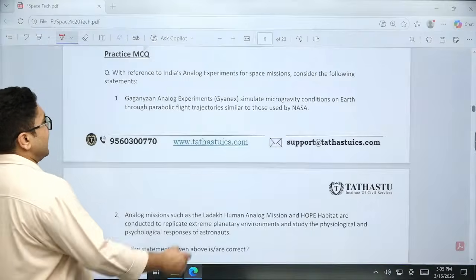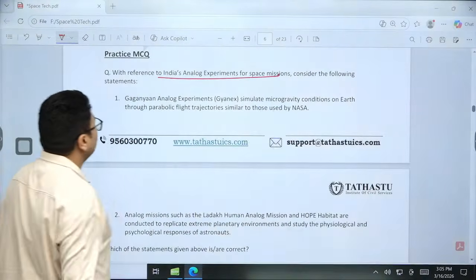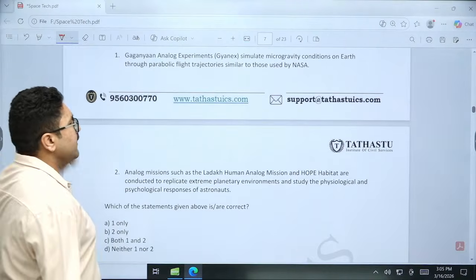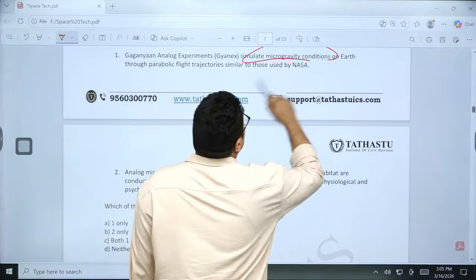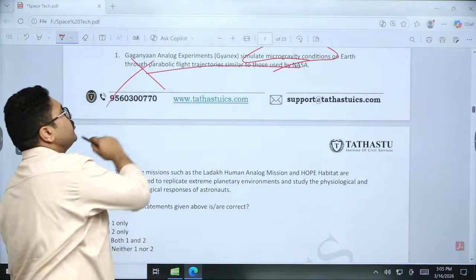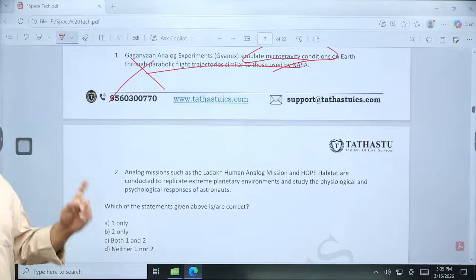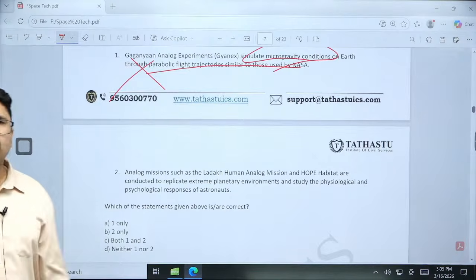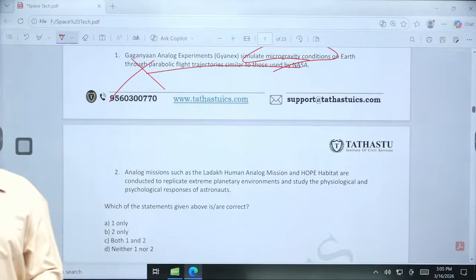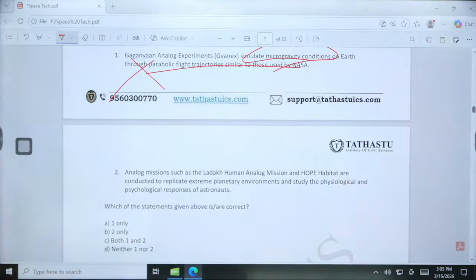Talking about India's analog experiments for space missions. Gaganyaan analog experiments GANEX simulate microgravity conditions on Earth through parabolic flight trajectories similar to those used by NASA. India is unable to produce parabolic flight trajectories and is unable to create microgravity experiments.